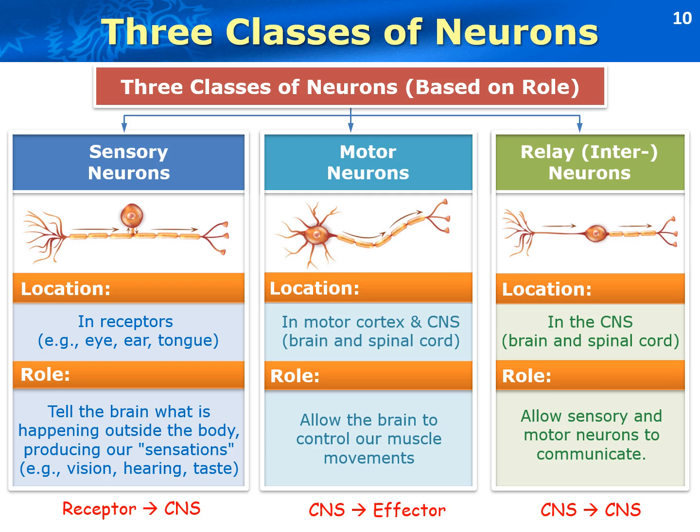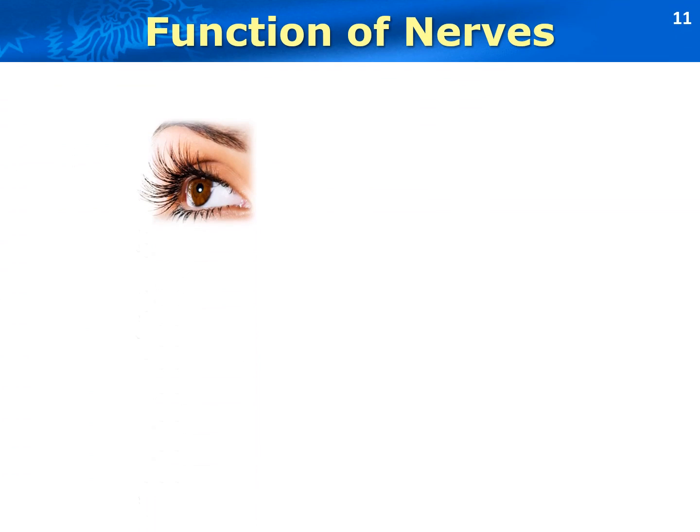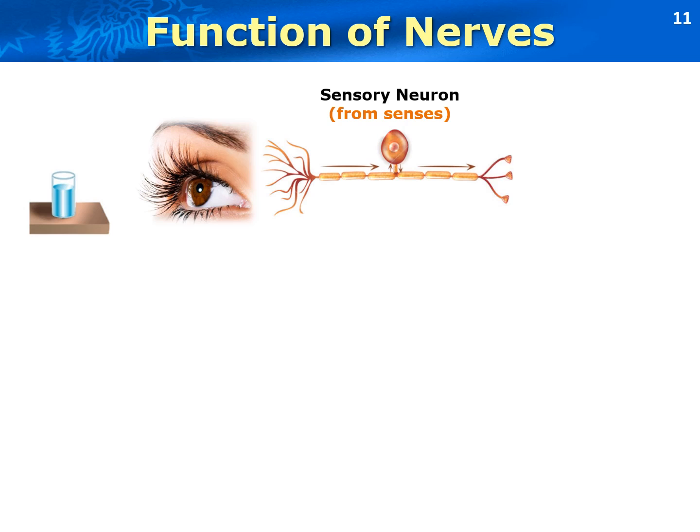Here is an illustrative example which shows the function of the 3 different types of neurons. When we see a cup of water, we want to take it. Then, what happens to these neurons? Firstly, when our eyes see the cup of water, information is passed from our eyes to the brain through sensory neurons.